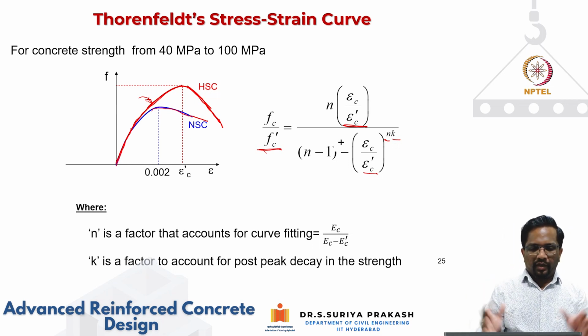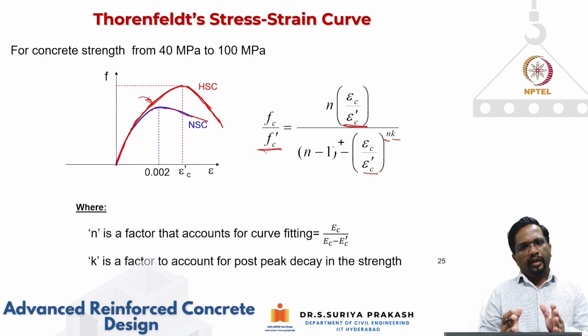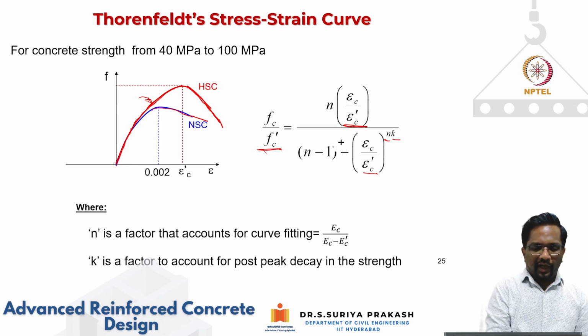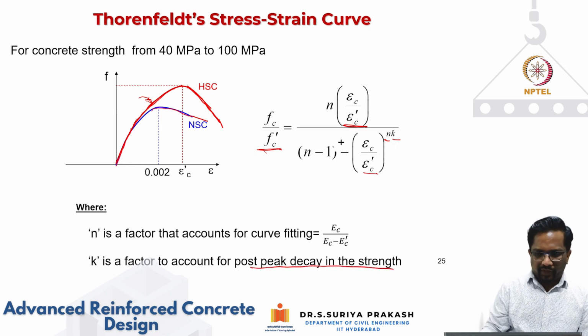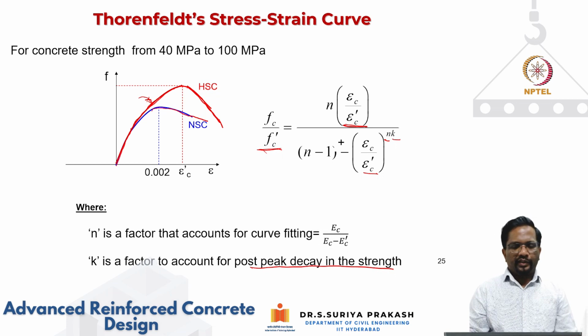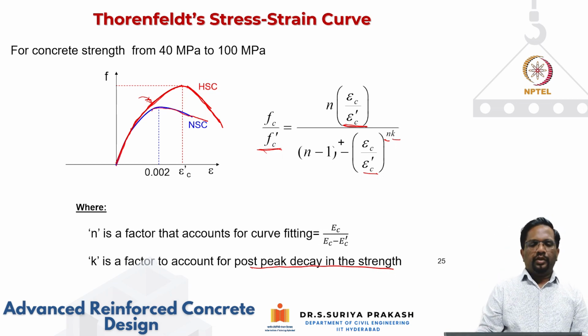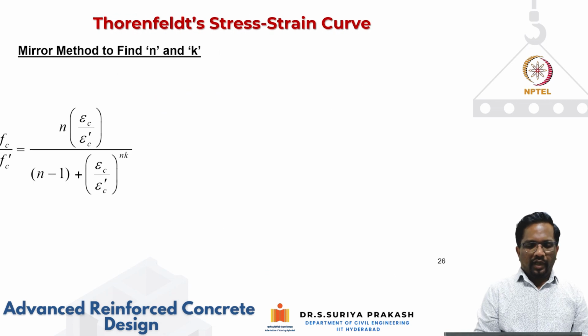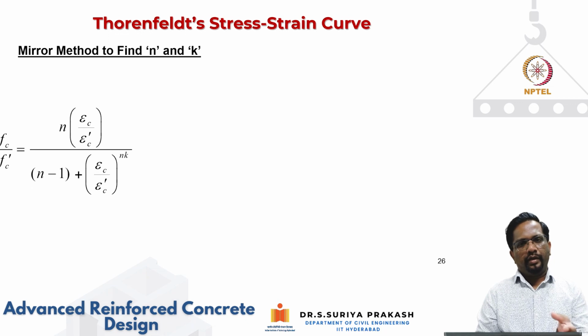It happens very quickly. That's why the difference between epsilon c and epsilon prime c keeps reducing. So k is a factor that accounts for this post peak decay in strength. People have done experiments using servo controlled, strain controlled testing, and they have proposed these equations for n, k, and epsilon prime c.